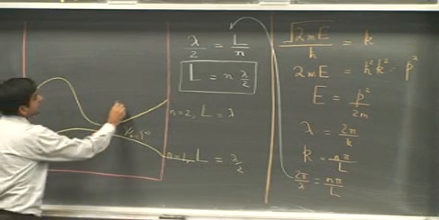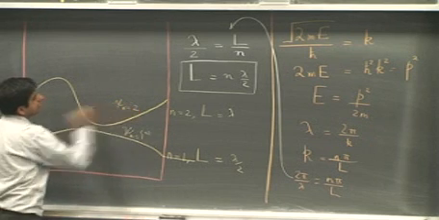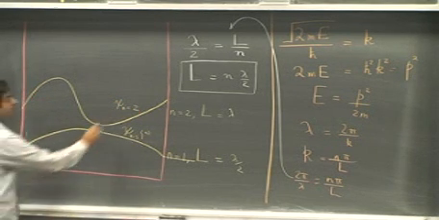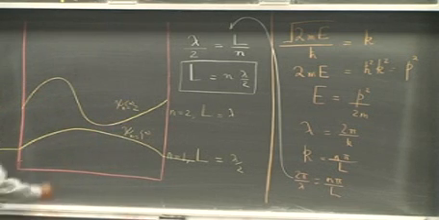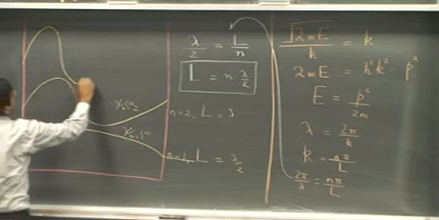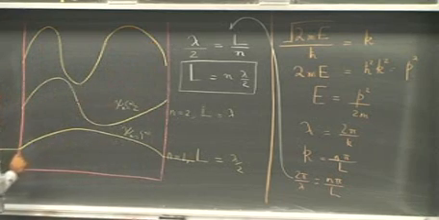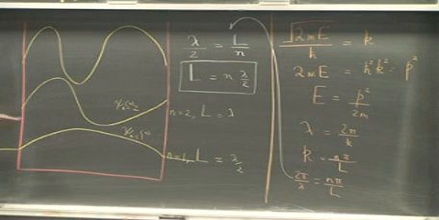This is the wave function for n equals 2. We can plot the wave function for n equals 3. It will have 3 wiggles, like this. And we can plot all the higher modes that are possible.